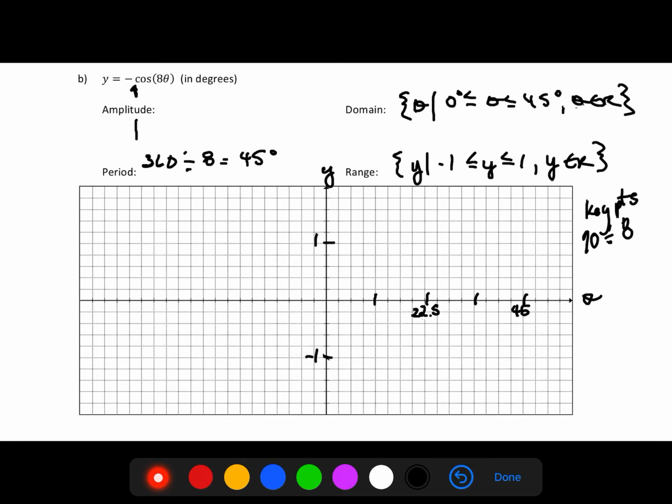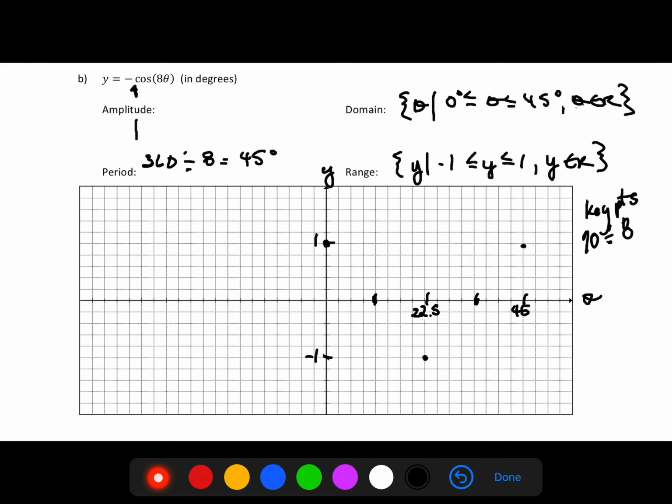But now we're going to measure these. We know this one's going to be 22.5, or half of 45, and this one's going to be 45. So we know that this is going to be 11.25 in here, but we don't necessarily have to have all of those decimals on our grid.